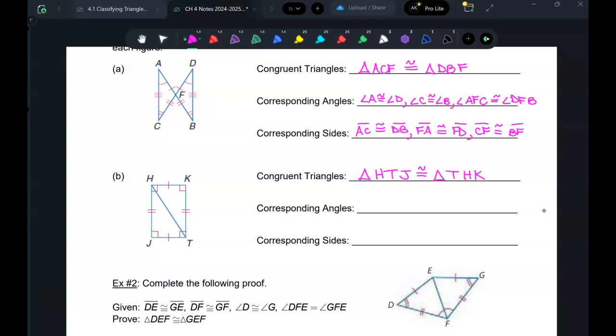Why is it upside down? For example, J is where the right angle is, so if J is the last letter here, K has to be the last letter here. Basically, you have alternate interior angles that would be congruent, because the triangles are flipped upside down.